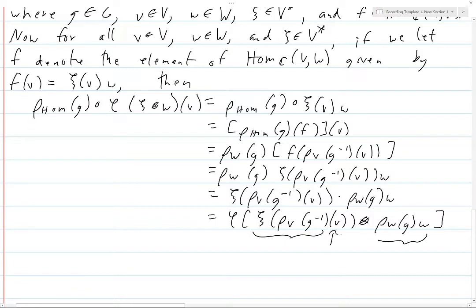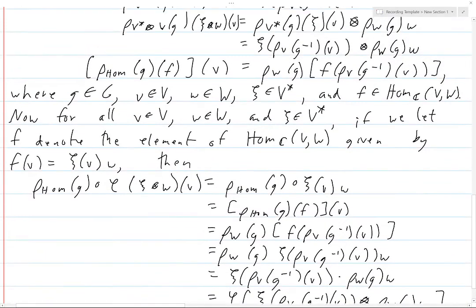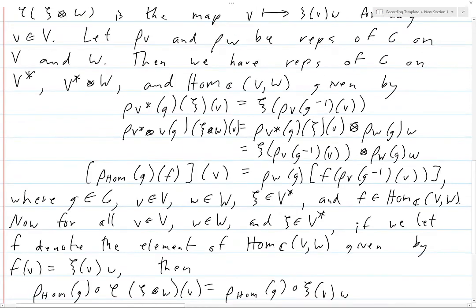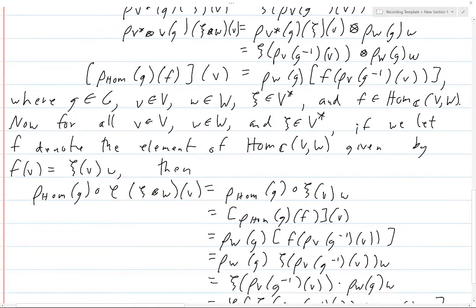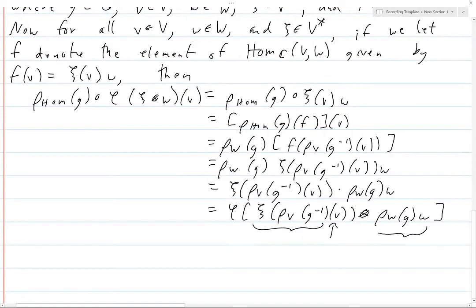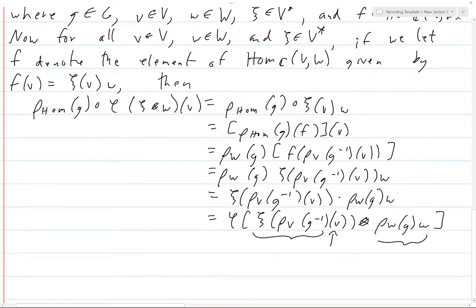So if we go back to what phi looks like, phi is the map which sends V to xi V W. So down here, phi is going to send the element V here to xi V W. So here, this whole thing is playing the role of W, this whole thing is playing the role of xi, and this is playing the role of V. Using that previous notation.